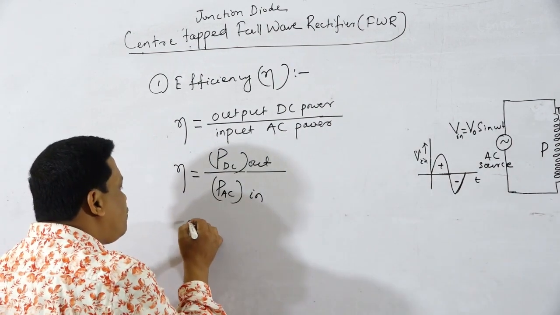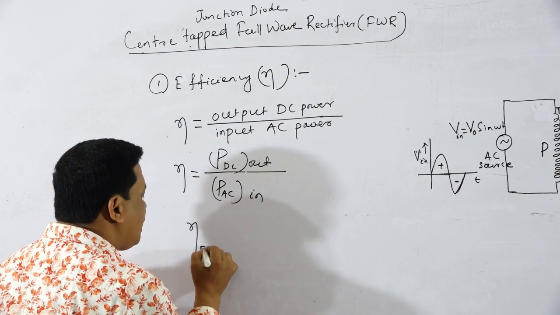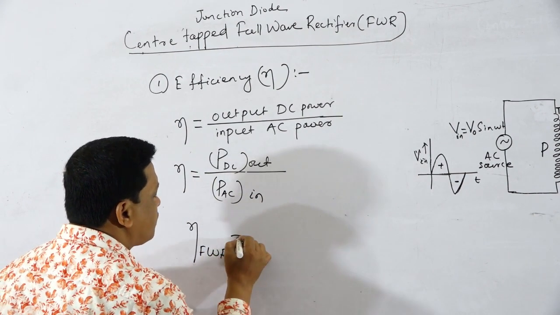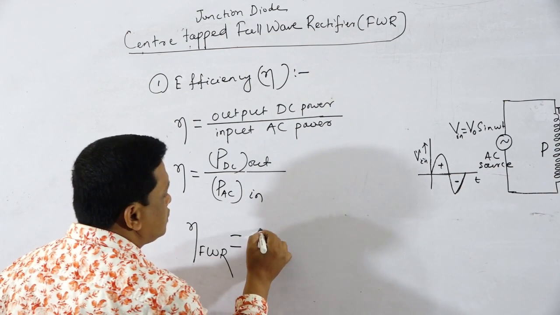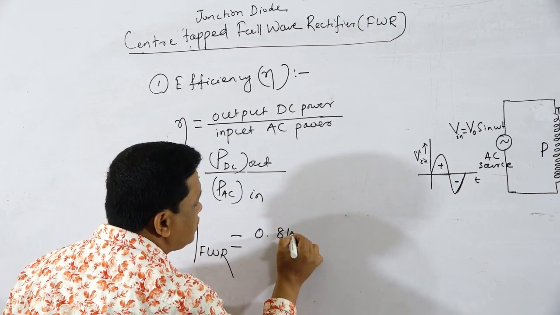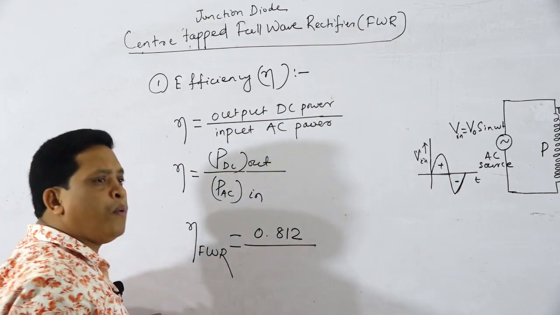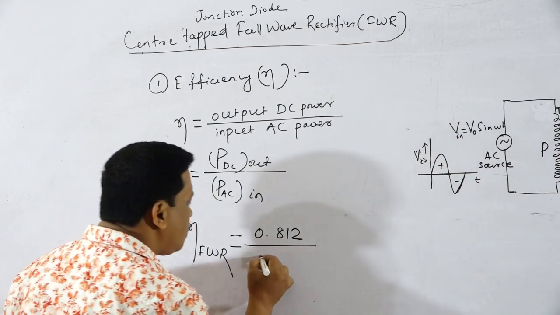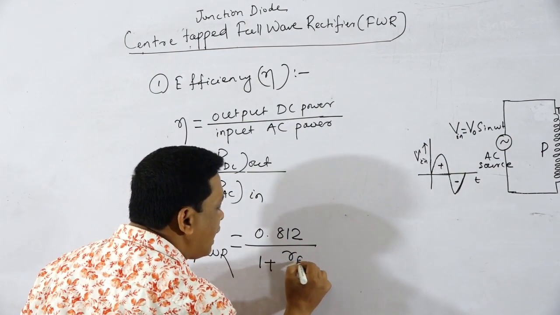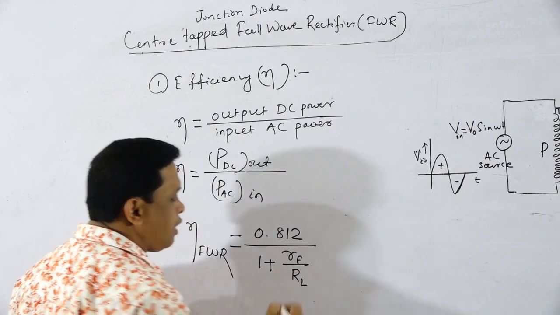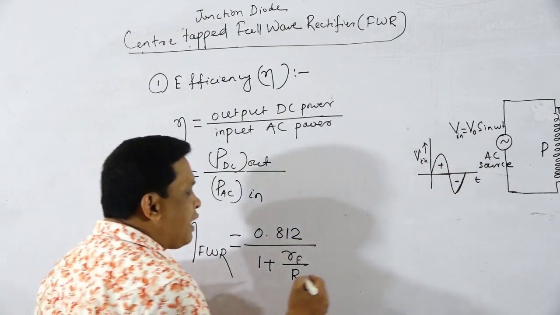Now, for full wave rectifier, eta FWR equal to 0.812 by 1 plus RF by RL. Now, what is RF?